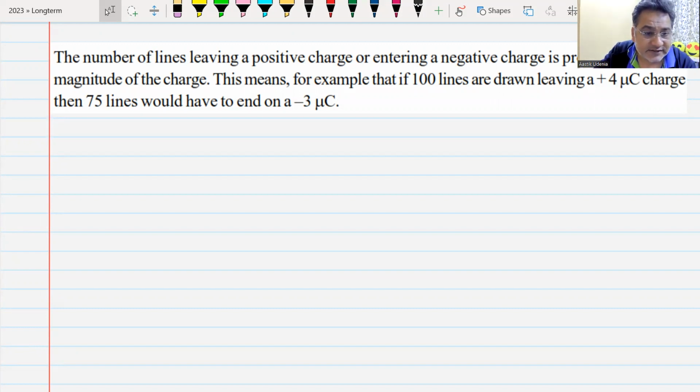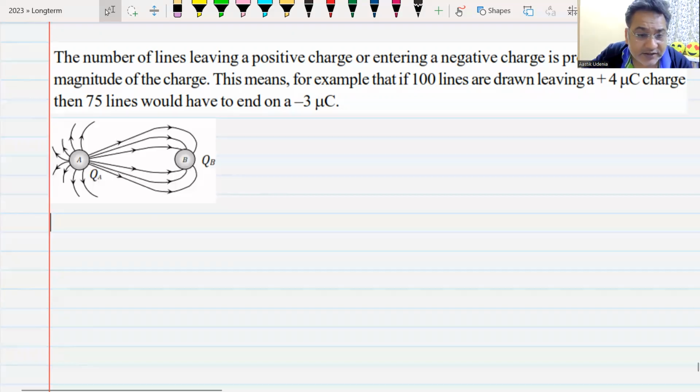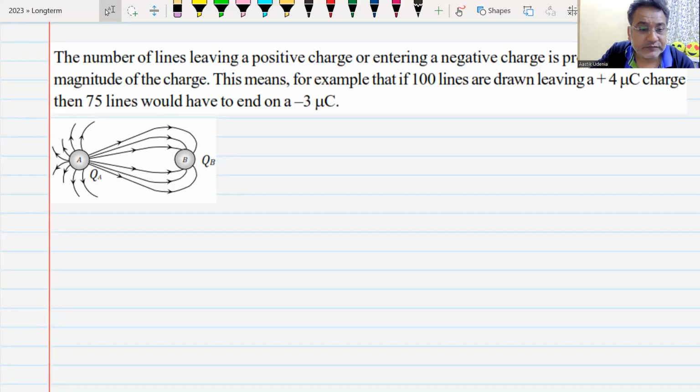Do we understand this? Yes, sir. Now you can see an example here. Which charge will be more here, charge A or charge B?